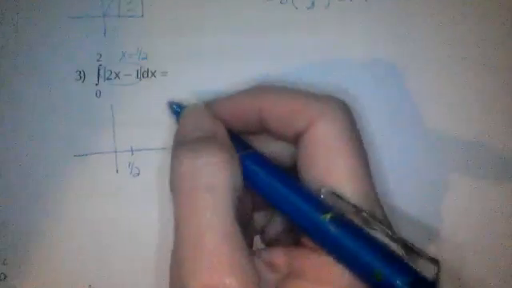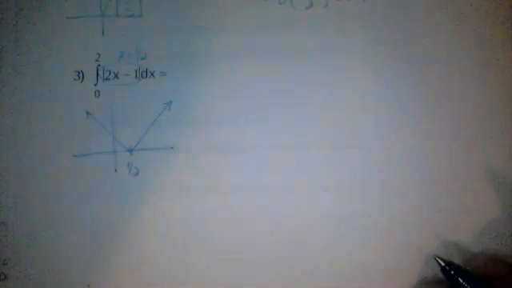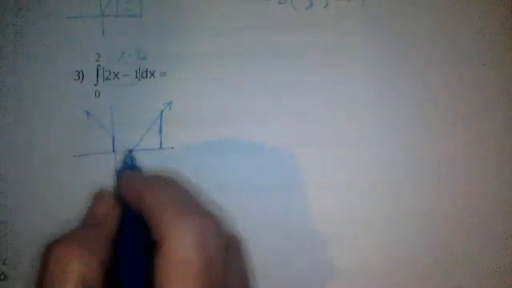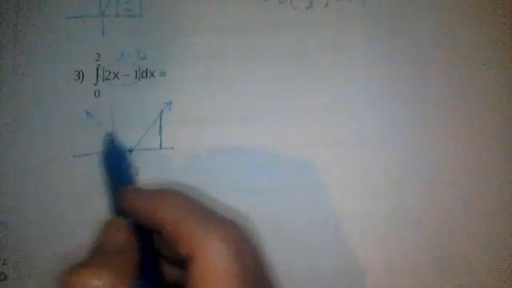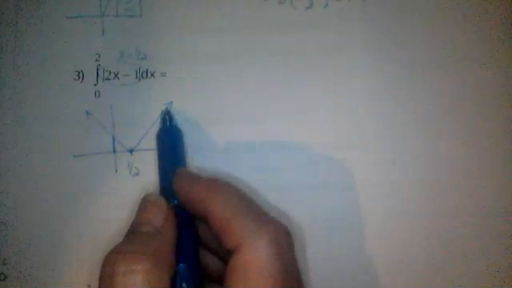At 1/2, it's going up on this side and up on that side, the absolute value. So we're going from 0 to 2, which means we're passing through the place where it changes. It's actually 2 different lines, one with a negative slope, one with a positive slope.